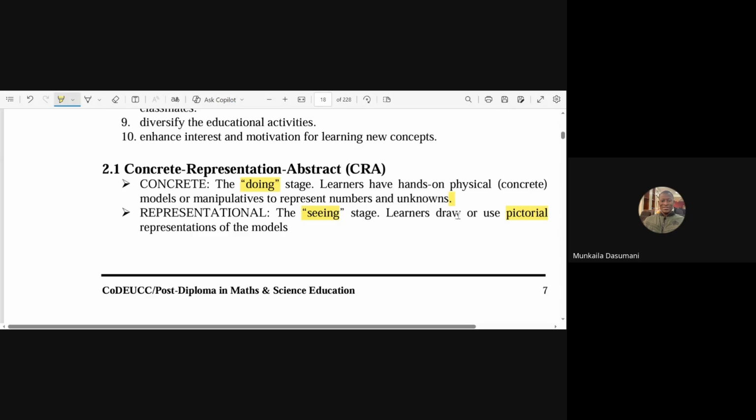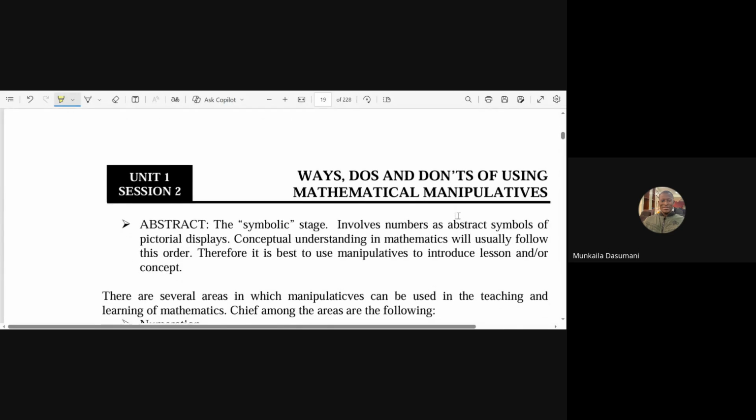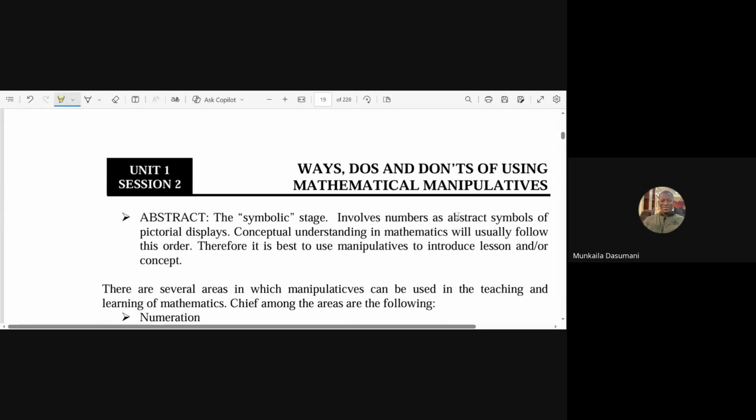And then the abstract nature. Here you can talk about the symbol or the symbolic stage. So here, all the equations you are using, all the symbols, formulae, that becomes the abstract nature. It involves numbers as abstract symbols of the pictorial display. So now you have your pictures. Now you're going to use numbers to represent what you have.